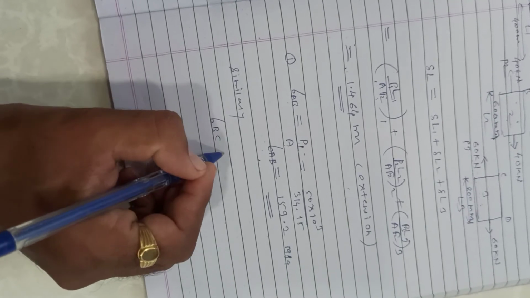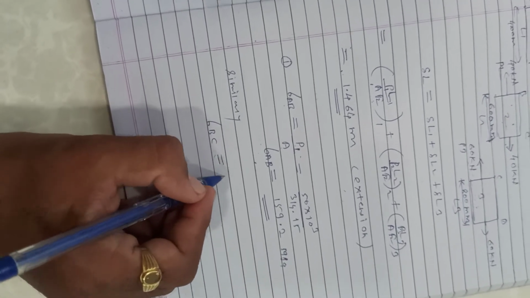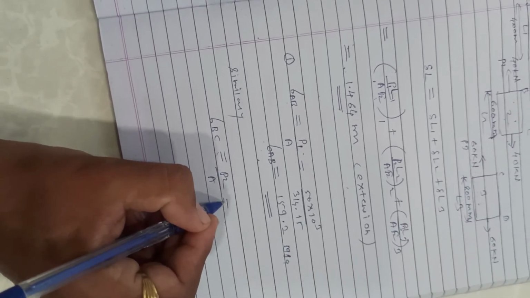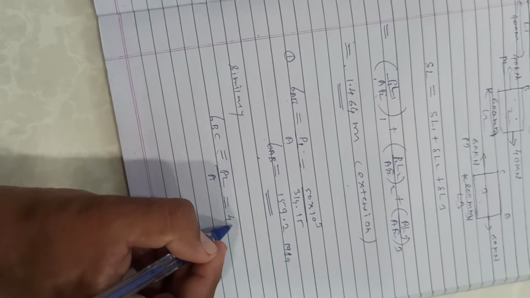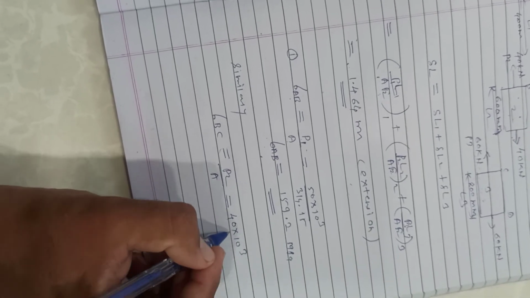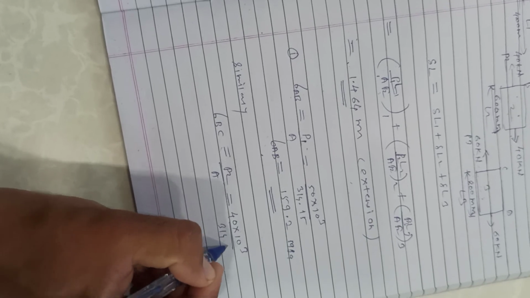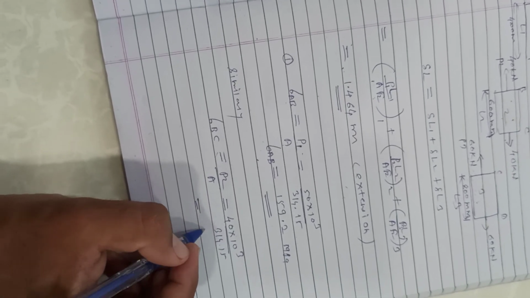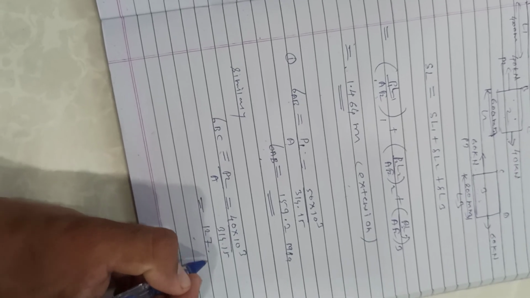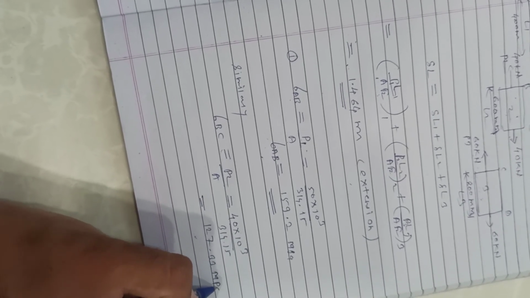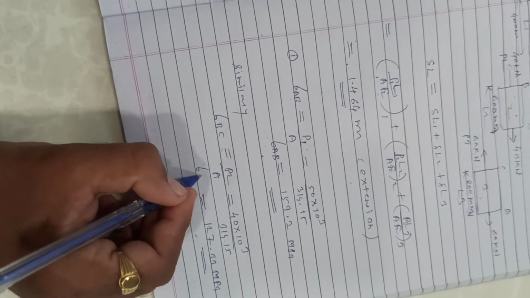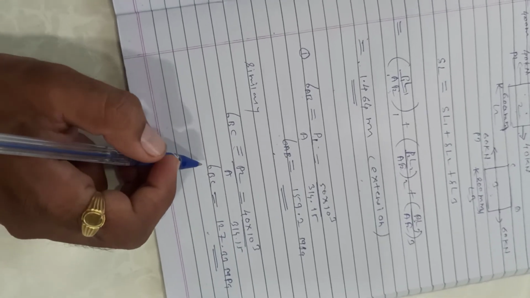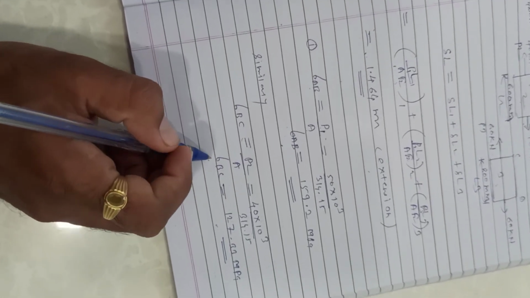Similarly, sigma BC is equal to P2 divided by A. Value of P2 is 40 into 10 raised to 3 divided by 314.15, which is 127.33 megapascal. Sigma BC, stress at section BC.